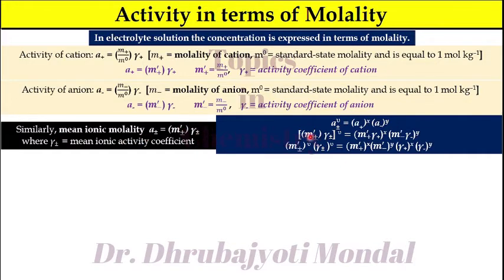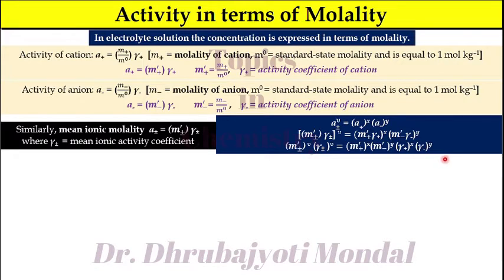So put the value here: m prime plus-minus into gamma plus-minus to the power nu is equal to a plus, that is m prime plus into gamma plus to the power x, and a minus, that is m prime minus into gamma minus to the power y. So you can write m prime plus-minus to the power nu into gamma plus-minus to the power nu is equal to m prime plus to the power x, m prime minus to the power y, gamma plus to the power x, gamma minus to the power y.